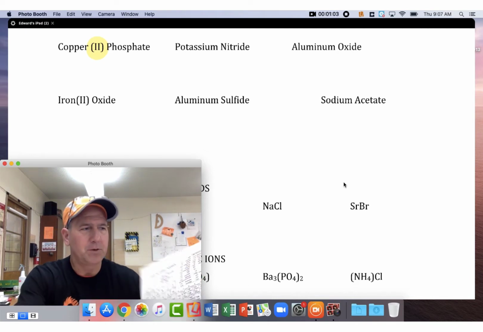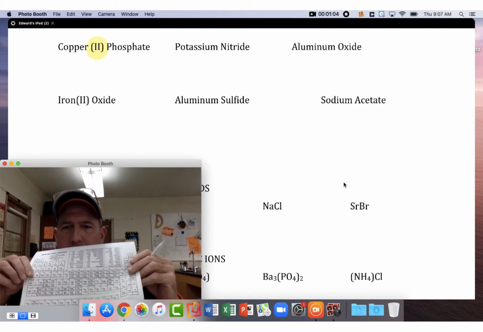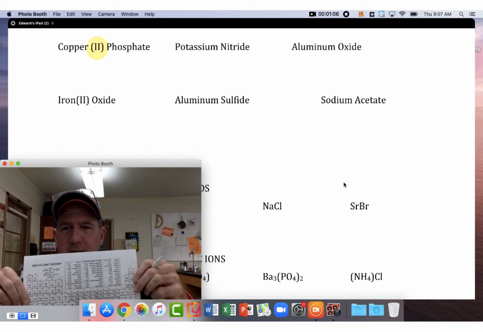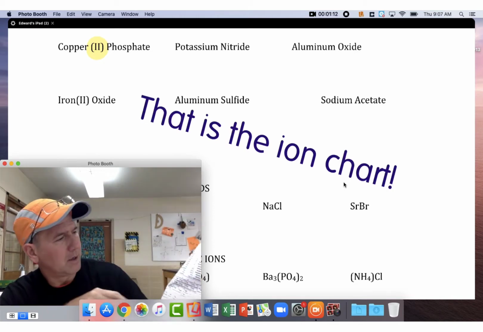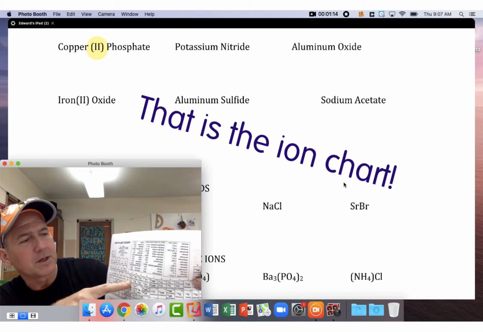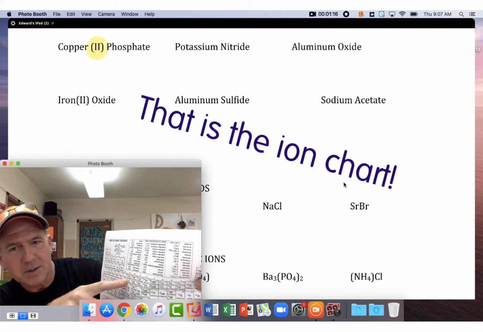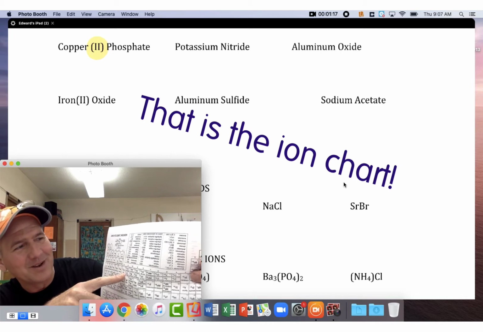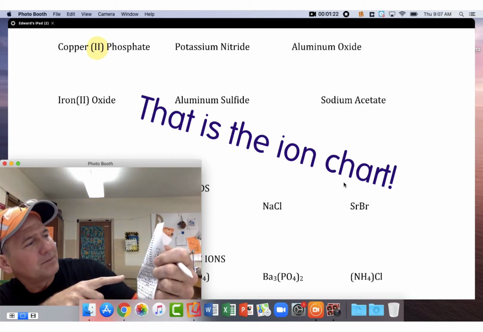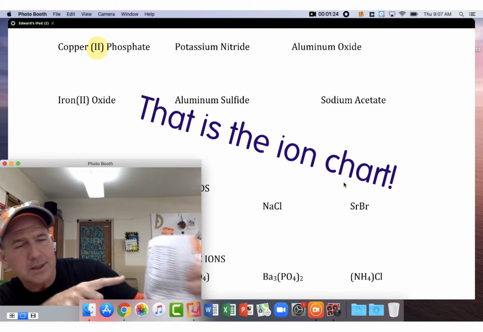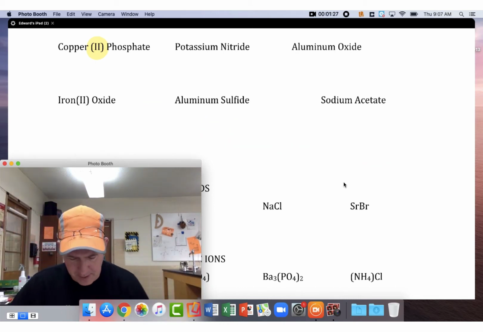So you have your chart, right? And if you don't have that chart, this is also on Schoology, but we're going to find copper. Copper's right here at the end of the D block, 3d9. Let me get up my regular screen here.